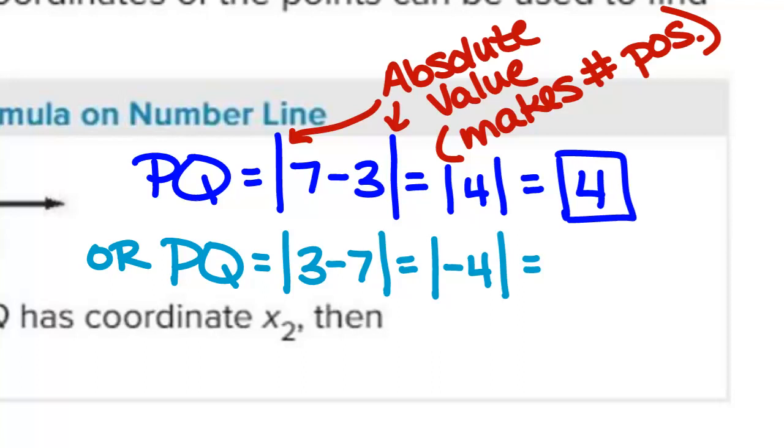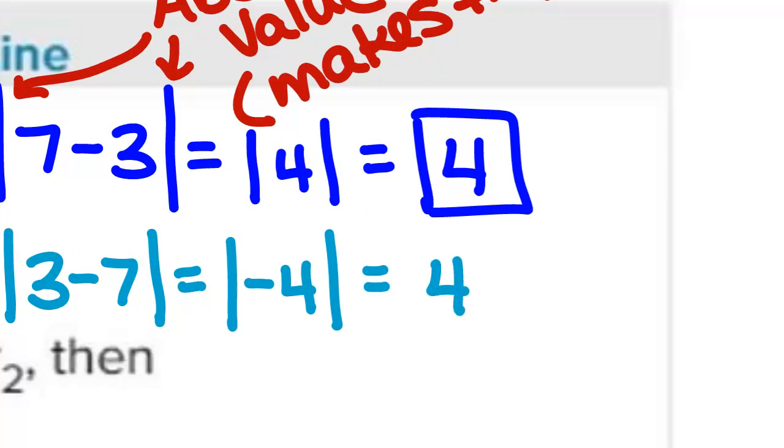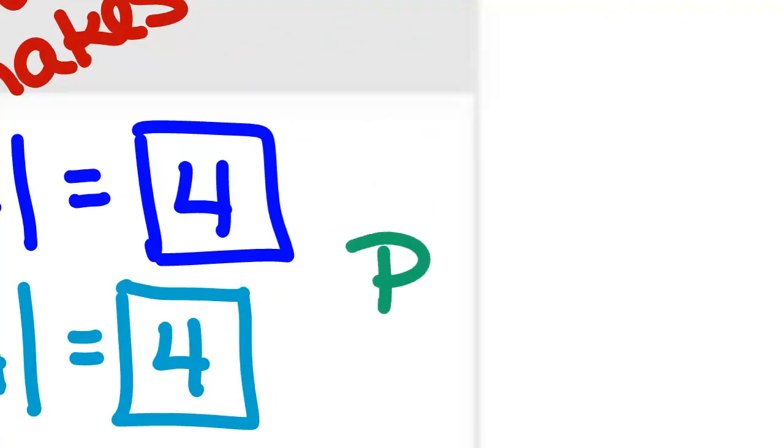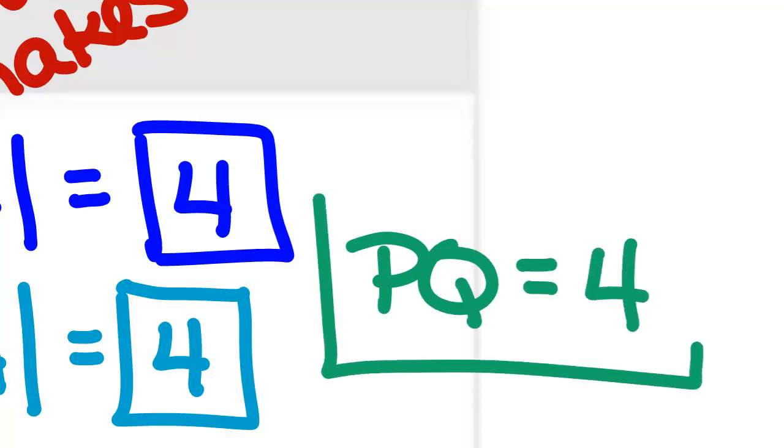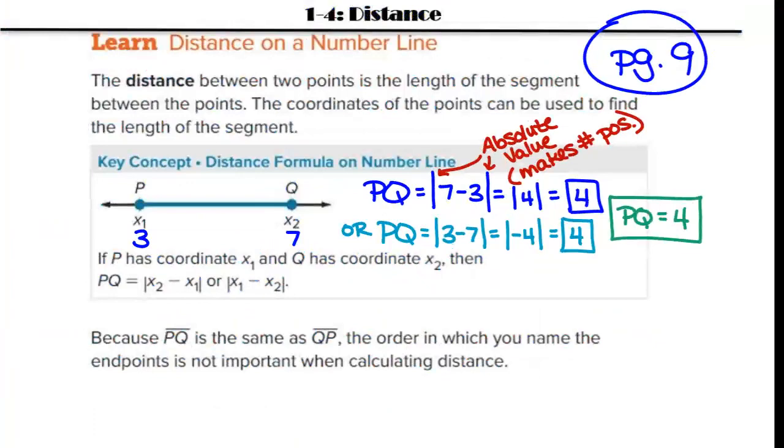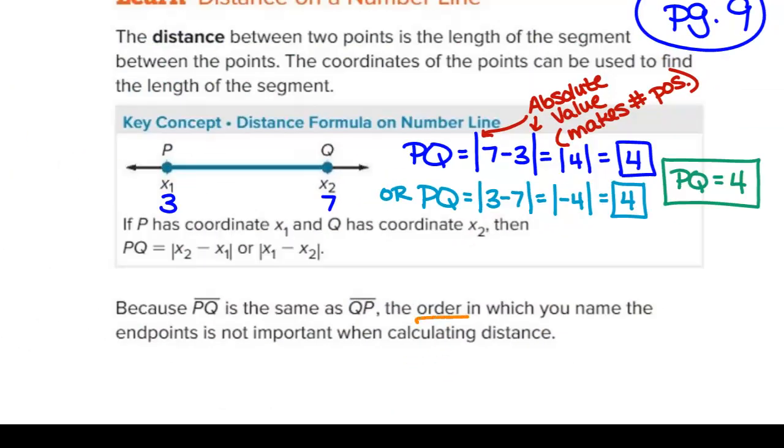How many hops would it take you from 0 to get over to negative 4 on the number line? Still 4 hops. So no matter which way I do it, I end up with the same answer here. Segment PQ is 4 units long. The order in which we name our points is not important when we're finding the distance.